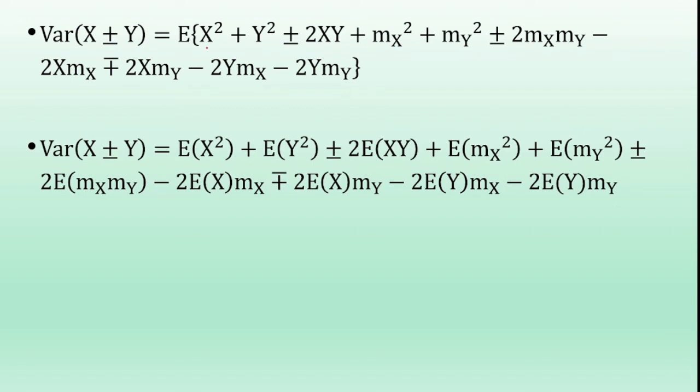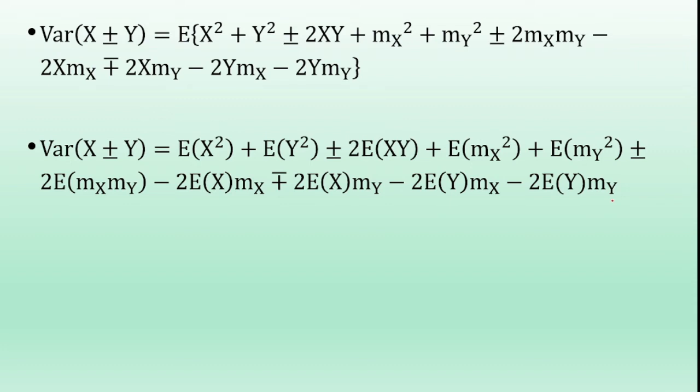Using that property: expectation of x square plus expectation of y square plus or minus 2, which is a constant, into expectation of xy, plus expectation of mx square plus expectation of my square plus or minus 2 into expectation of mx my, minus 2 into expectation of x into mx, minus or plus 2 into expectation of x my, minus 2 into expectation of y mx, minus 2 into expectation of y my.